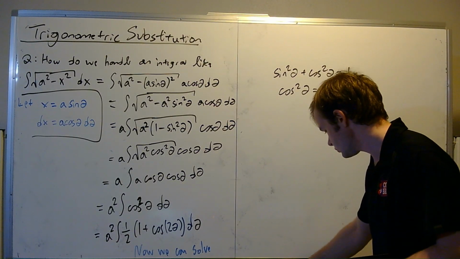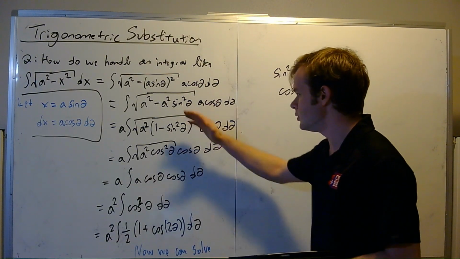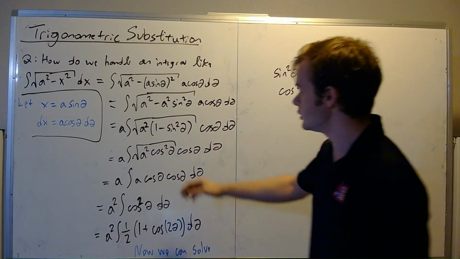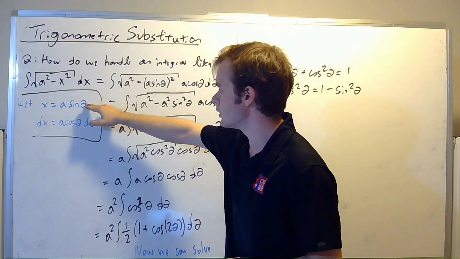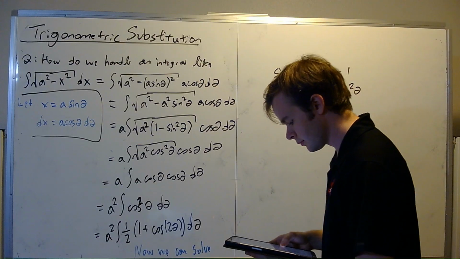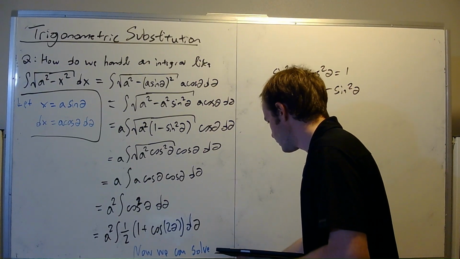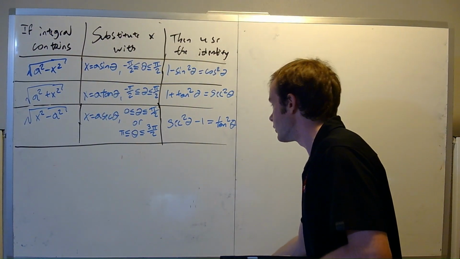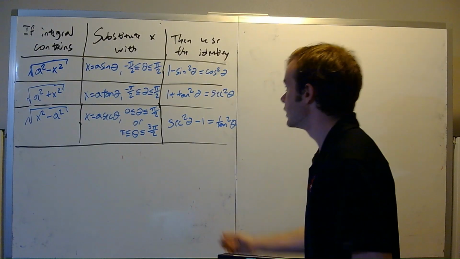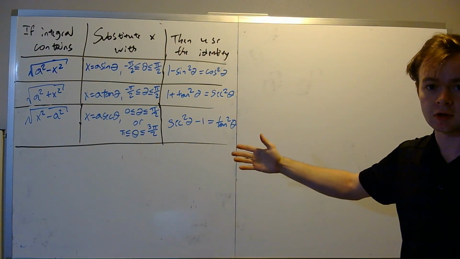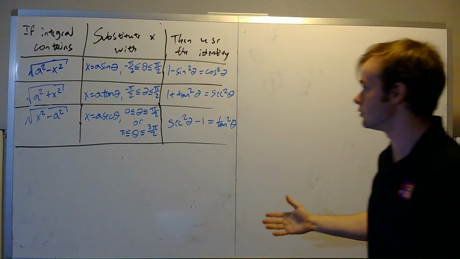So you may be wondering, how do we know that these are specifically the identities we need to use, and specifically, how do we know that x is equal to a sine of theta here? So I'll write here, this whole thing is called inverse substitution. What I wrote down here is just a table of how we know what to substitute and when to substitute it, right?